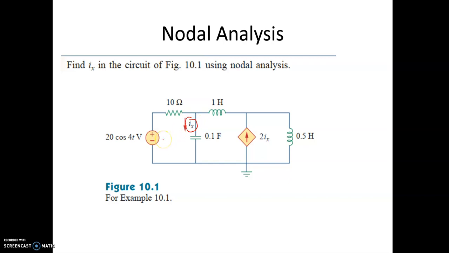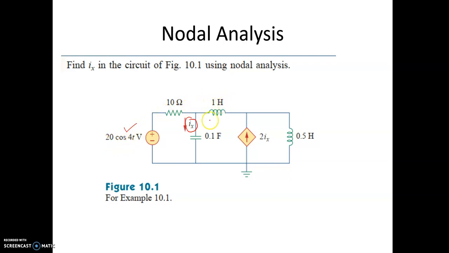So when we compare DC and AC, in the AC circuits, what are the changes or new things? First one is the source. In DC we have only 20 volt or 10 amps like that, whereas in AC we have some phasor quantities also, so 20 cos 4t.